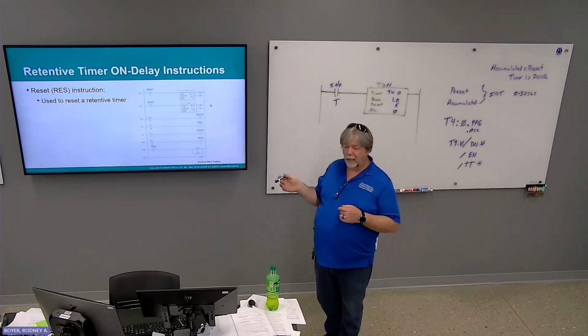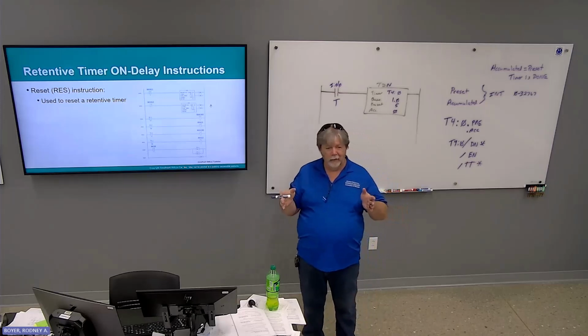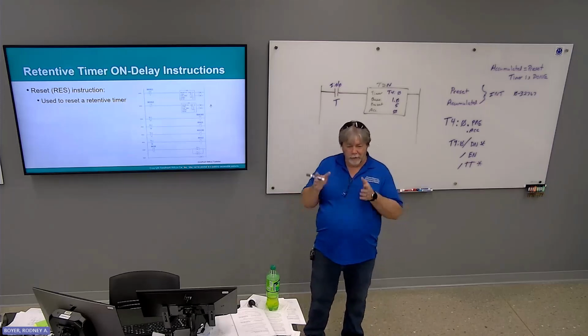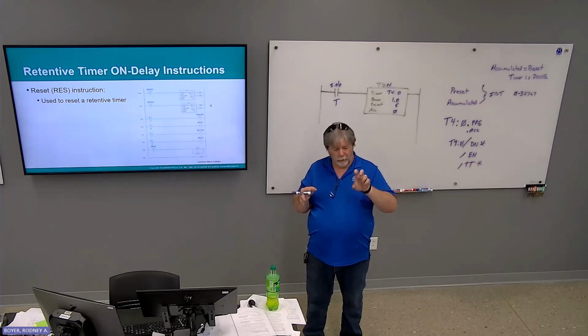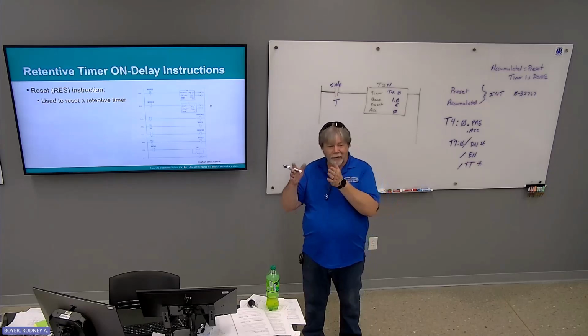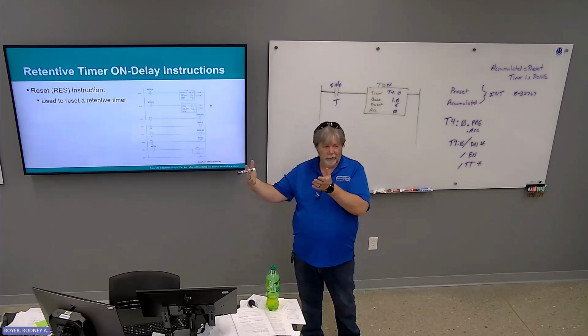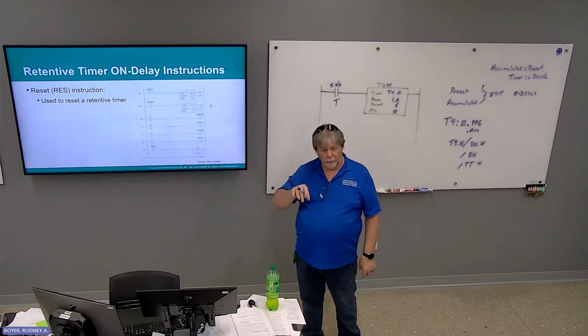So if I have a 5-second timer and I'm 2.5 seconds into it, my conditional logic goes false, it'll stay there at 2.5 seconds. When I re-enable the timer by my conditional logic evaluating as true again, it starts timing at 2.5 seconds and then goes until it gets done. Unless I open whatever switch.